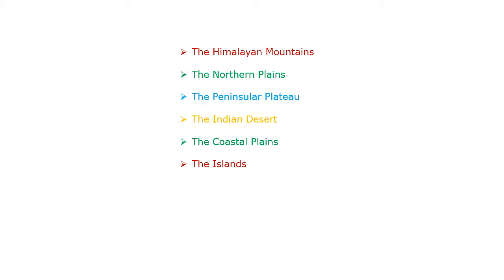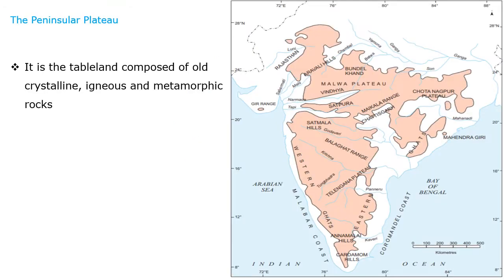So let us go to the Peninsula Plateau. In this pic you can see that it is a tableland composed of old crystalline, igneous and metamorphic rock. So igneous means fire.